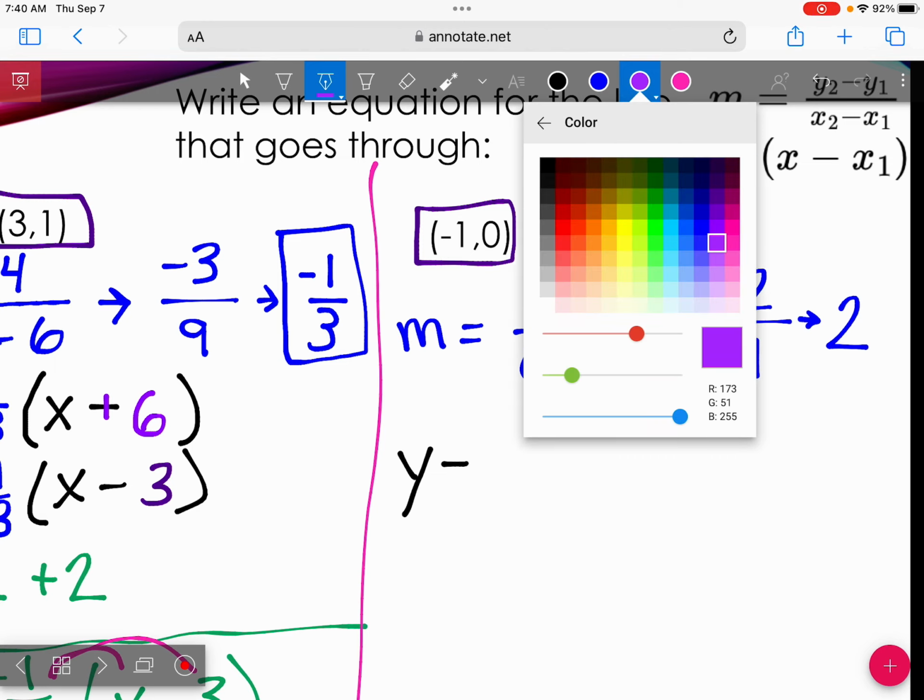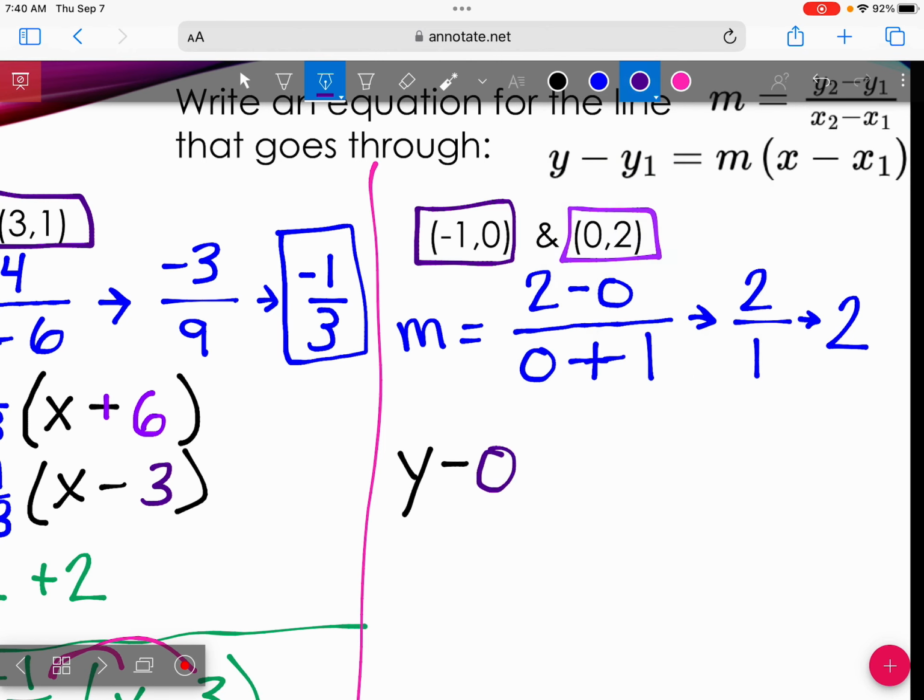So we'll do the dark one. Equals our slope of 2 times x. This x always stays as just an x. It's not going to have a number in that place. Minus the x value from our dark purple point, which is negative 1. So x minus negative 1, x plus 1.